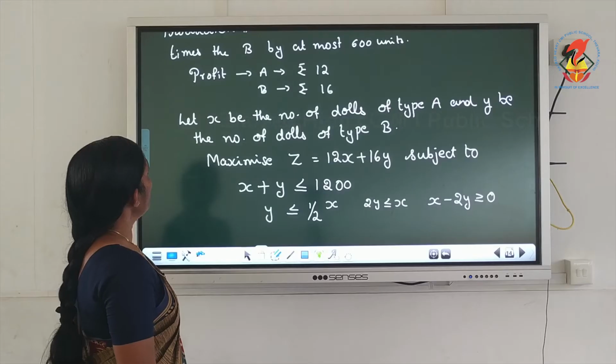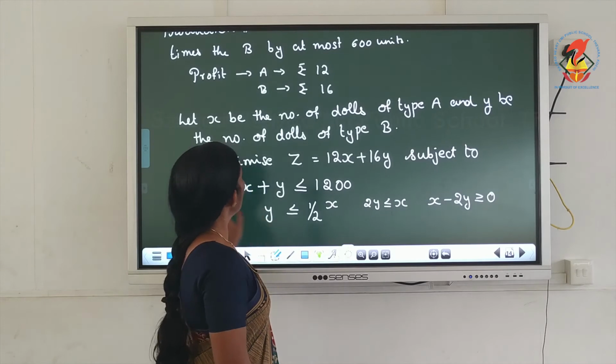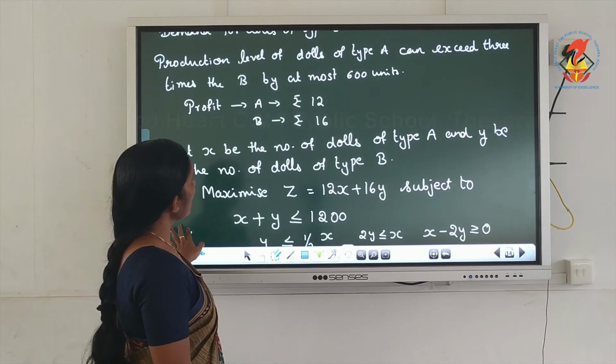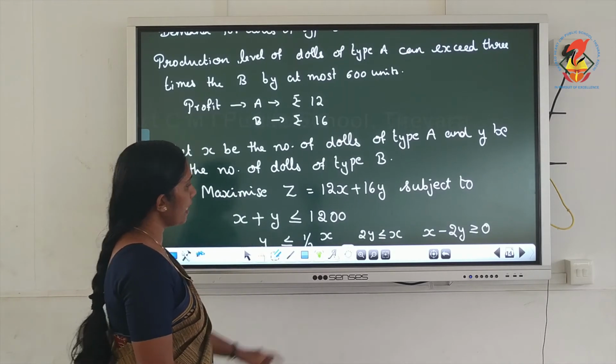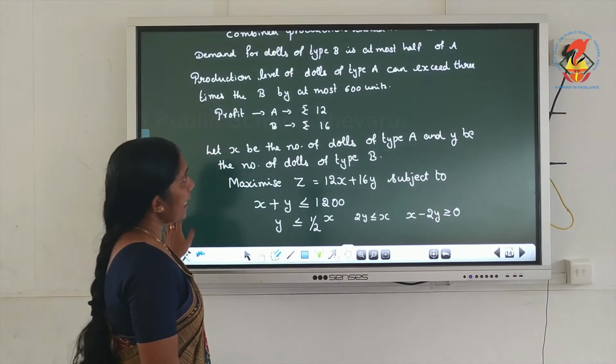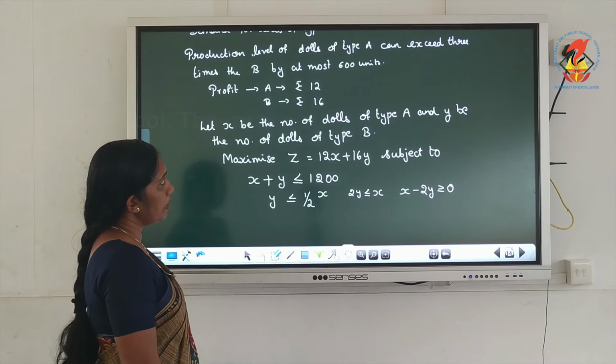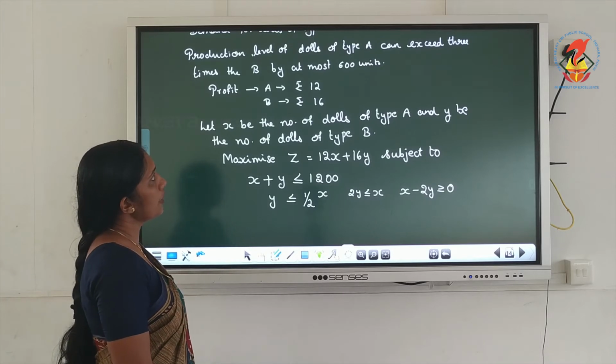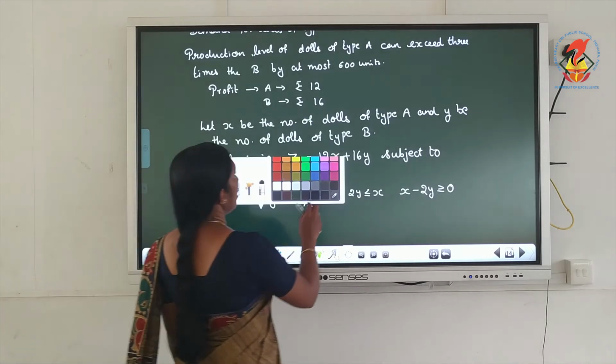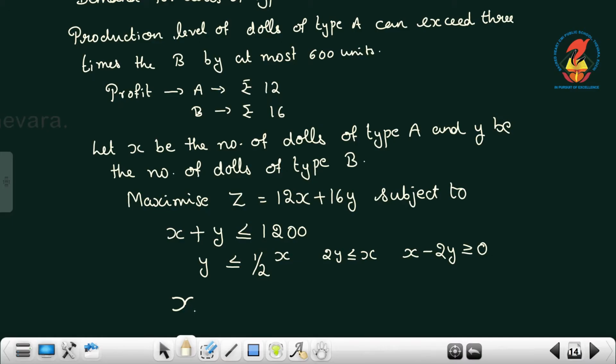Now, what is the third one? Production level of dolls of type A can exceed 3 times the dolls of type B by at most 600 units. Usually, can exceed means we put an equal sign and the other one plus the number.